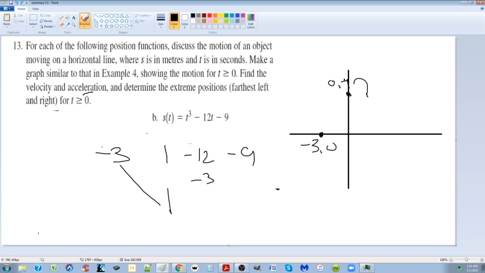And again, I didn't do it right. So this comes down, minus 3, add it. I did something wrong. Minus 27, plus 36, minus 9, minus 3, is it?